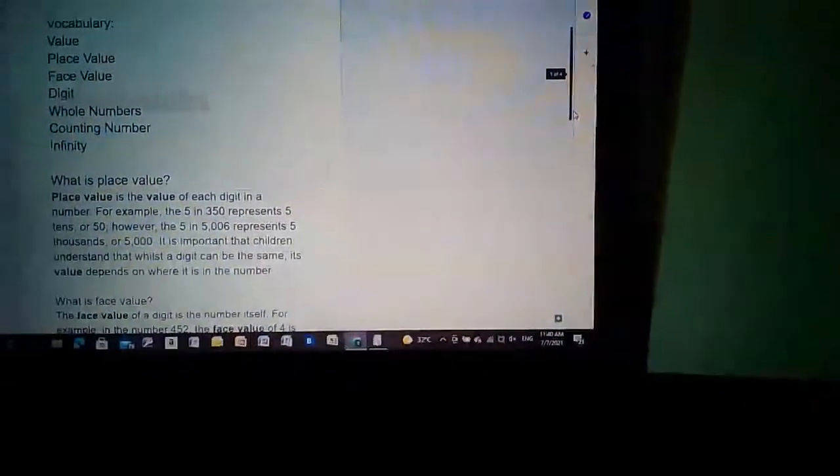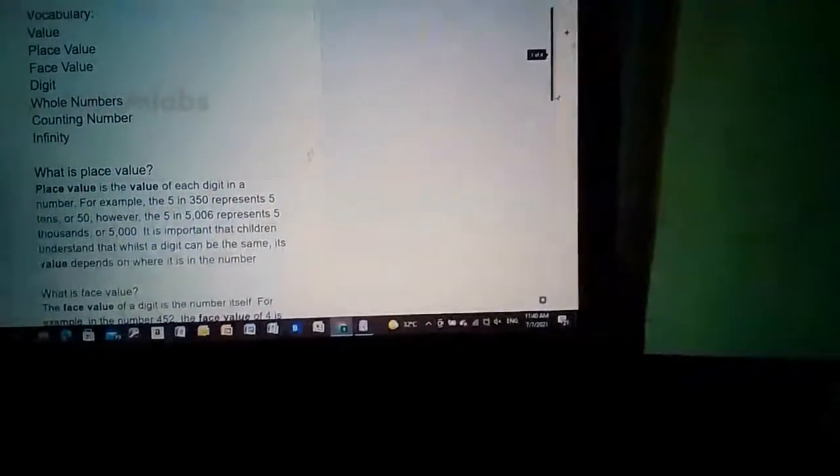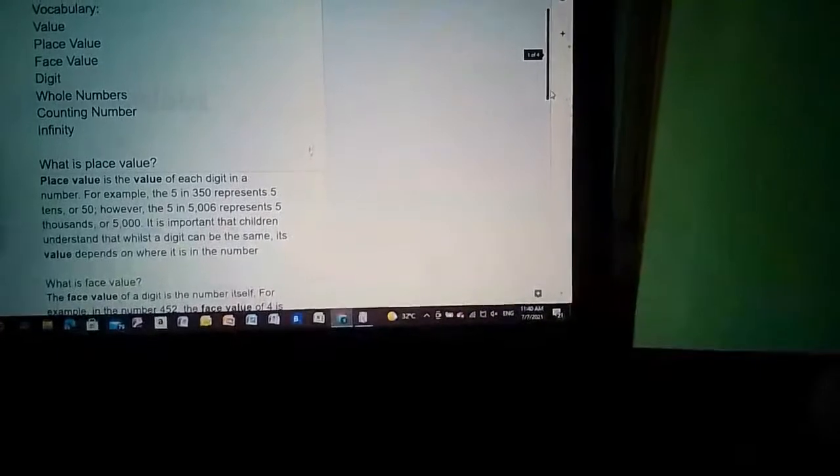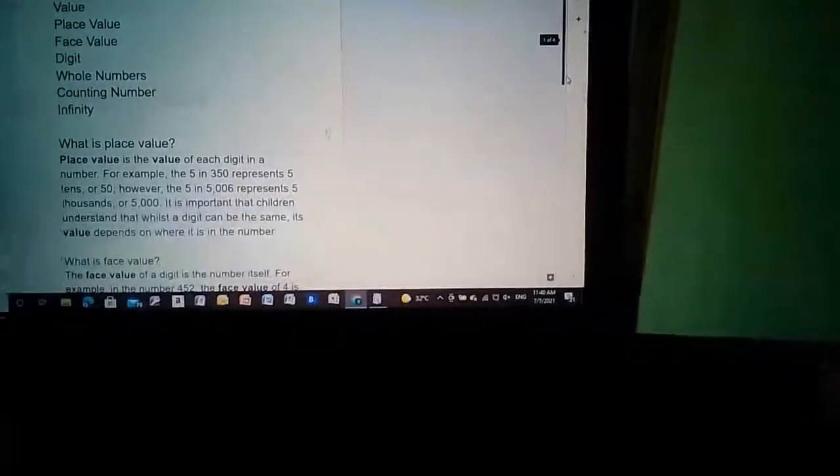So the vocabulary for today is value, as I said before, place value, face value, digit, whole numbers, counting numbers. Alright? Who can tell me what is the difference between a whole number and a counting number?